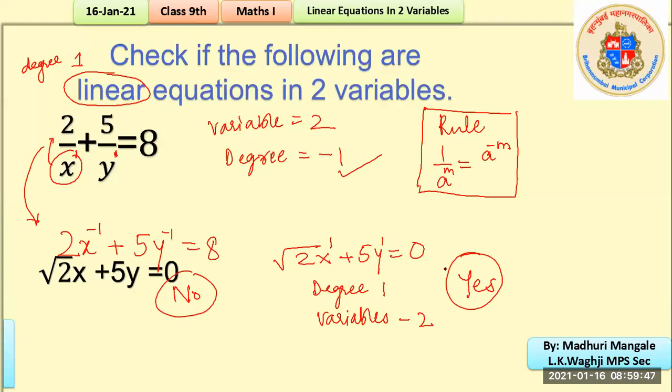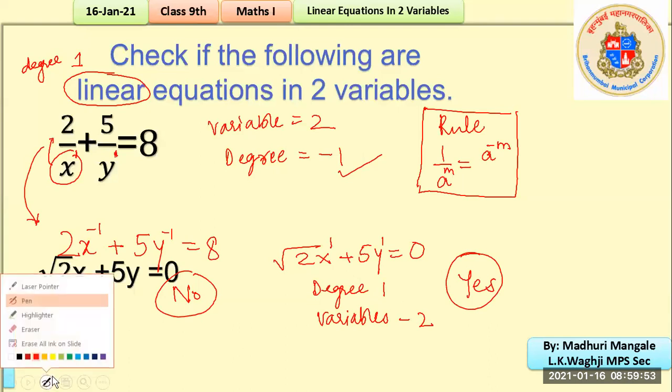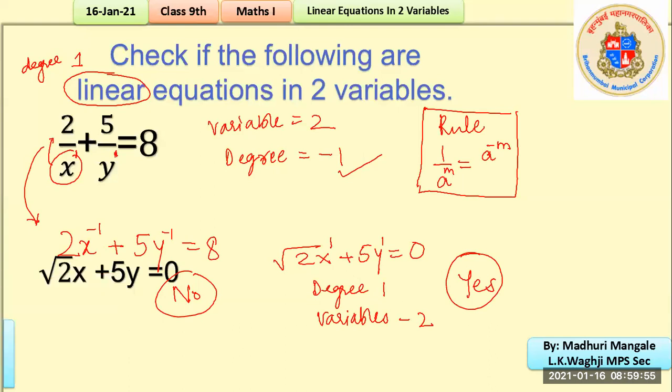The coefficient doesn't matter. The number next to x here is called the coefficient of x. And the coefficient can be any real number. It can be a root, it can be negative, anything.